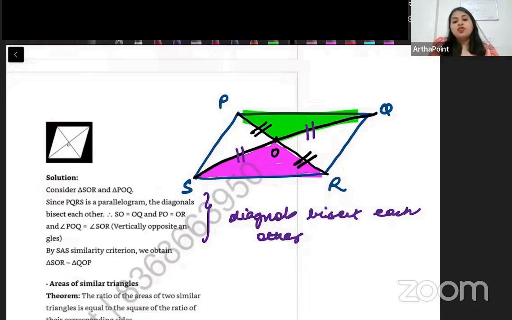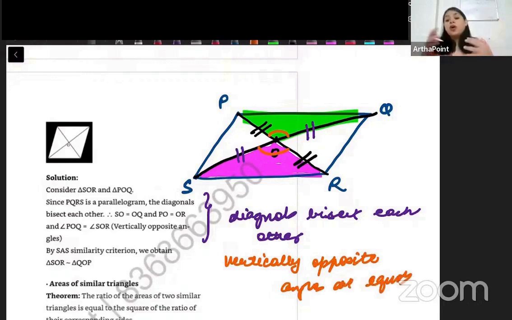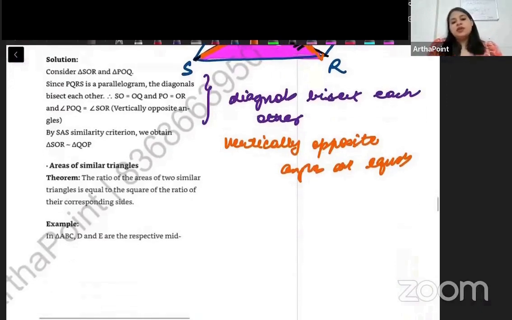And we know that the vertically opposite angles are also equal. So POQ should be equal to SOR. Please write down. Vertically opposite angles are equal. So diagonals bisect each other. Vertically opposite angles are equal to each other. So by SAS criteria, side angle side criteria, the two triangles will be similar.